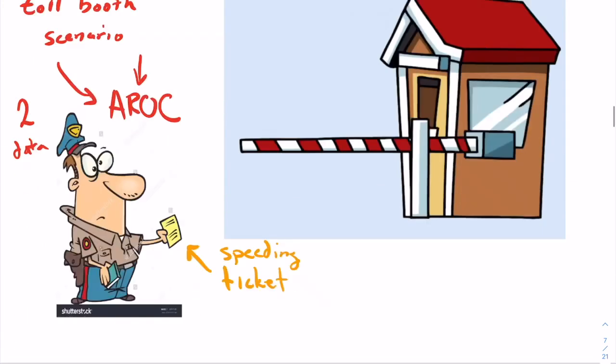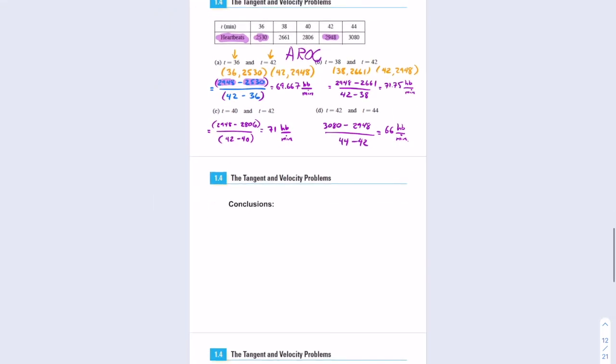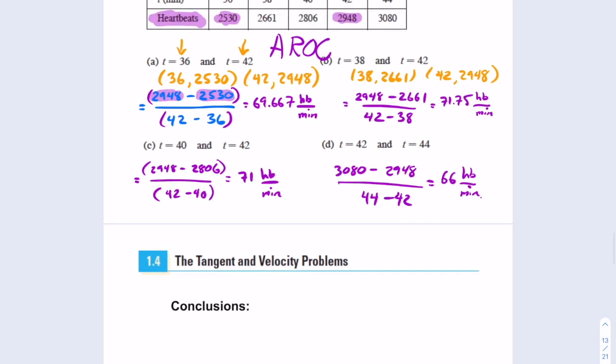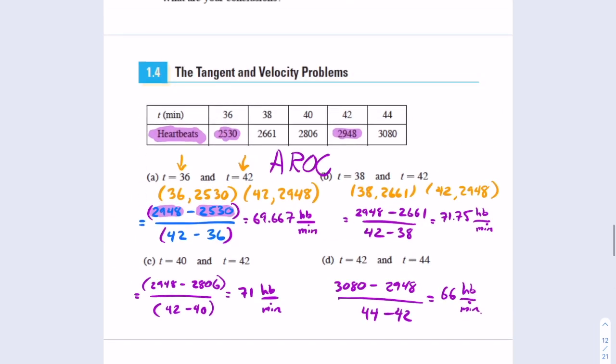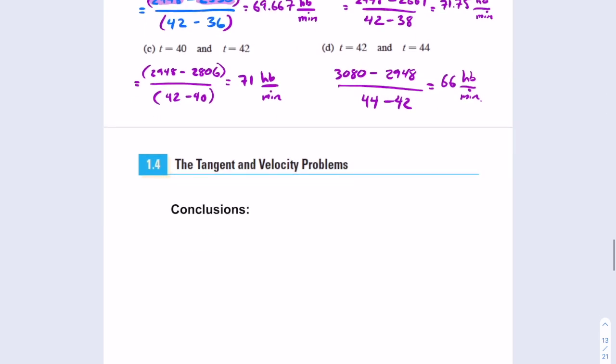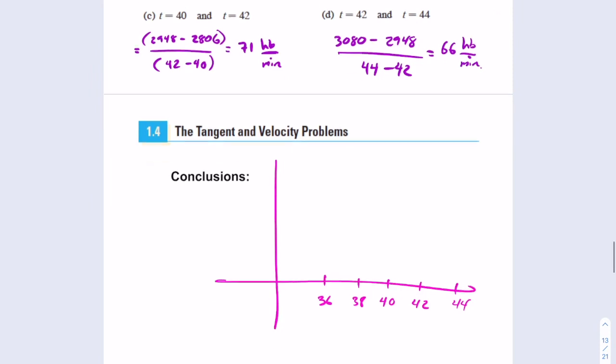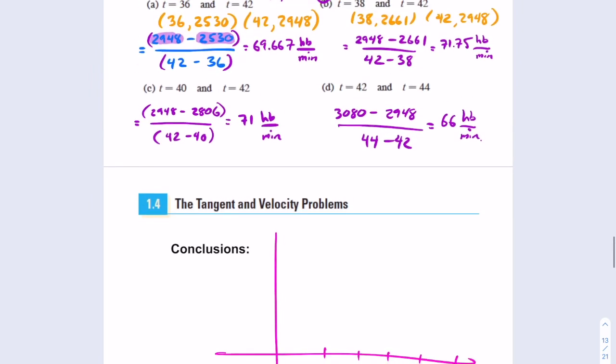Okay, so let's take a look at this problem again. We want to find out how fast your heart was beating exactly at the 42-minute mark. Let me draw a picture for you guys. Let's say that this is 36, 38, 40, 42, and 44. You don't have to draw this one out here. So I am trying to figure out how fast my heart is beating exactly at the 42-minute mark.